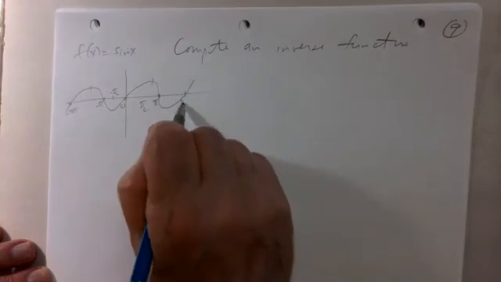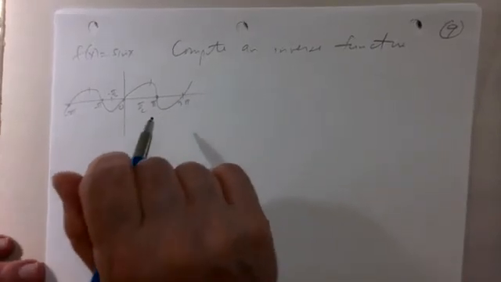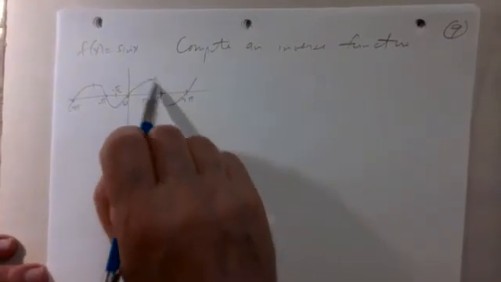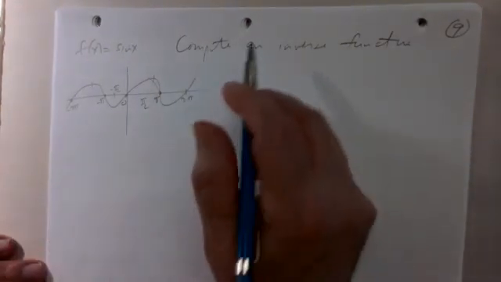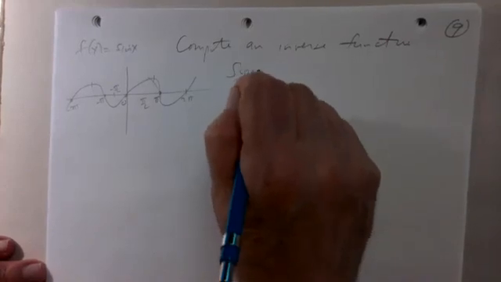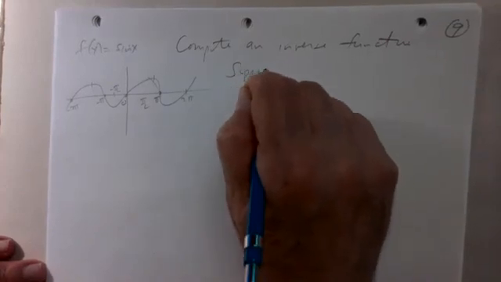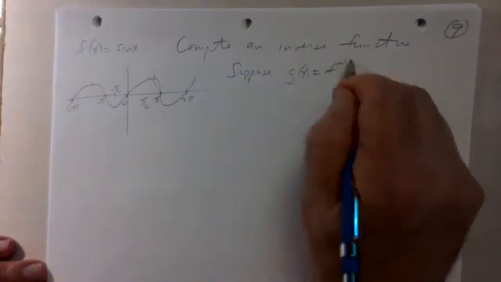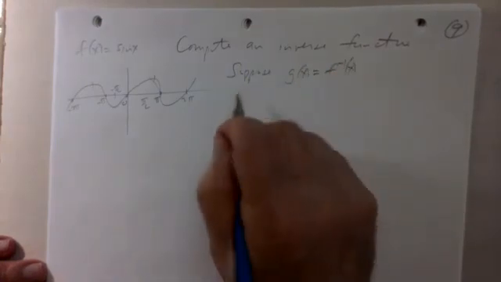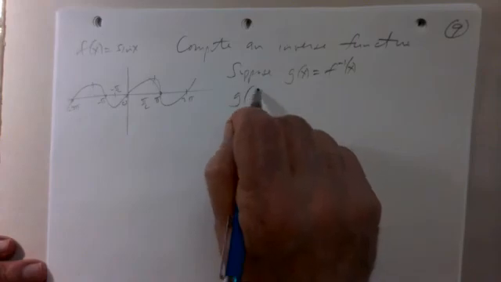At every multiple of pi, you get 0, for example. So suppose some function g of x is the inverse function of the sine. So what is g of 0?